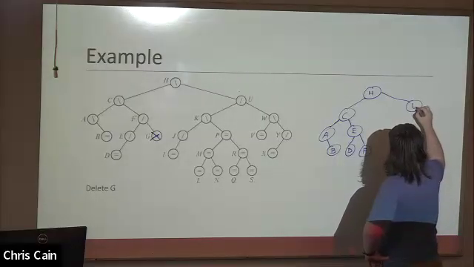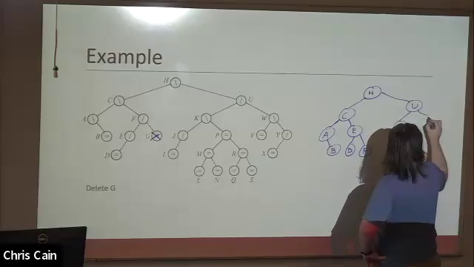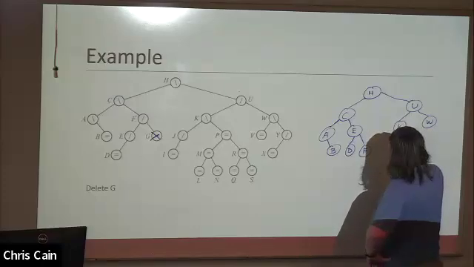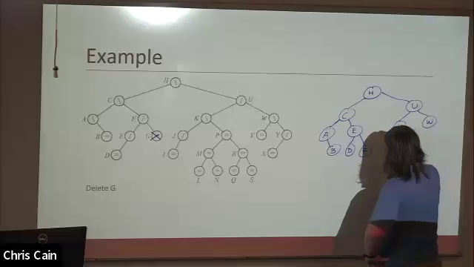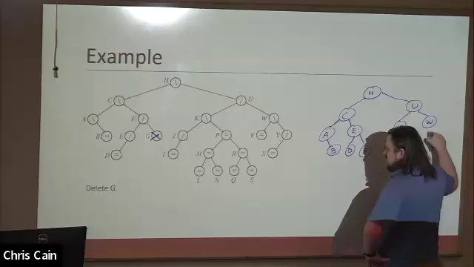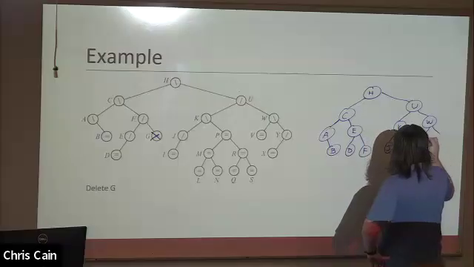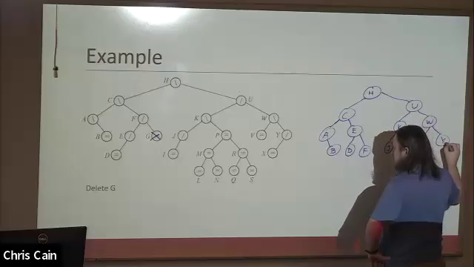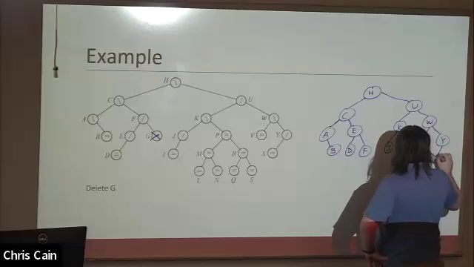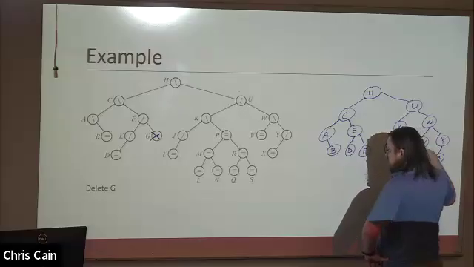We're going to have U on this level, A and W. From K, we have J and P. From W, we have B and Y. From Y, we have X. P, we're fine.